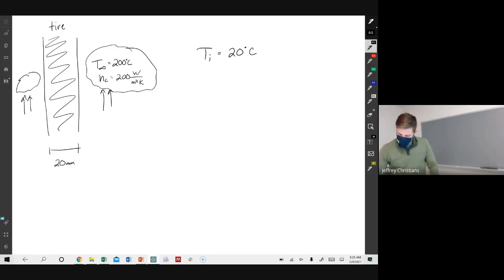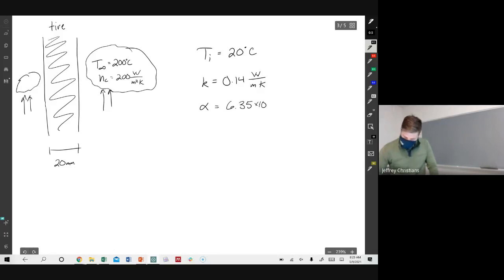We know something about the thermal properties of our tire. K is 0.14 watts per meter Kelvin, and alpha is 6.35 times 10 to the minus 8 meters squared per second.